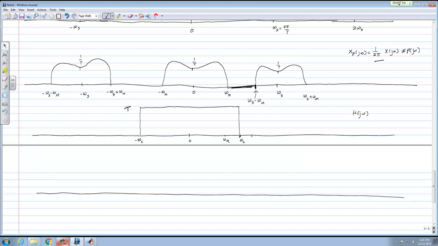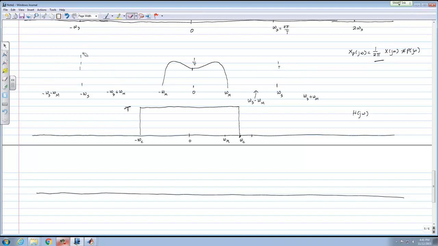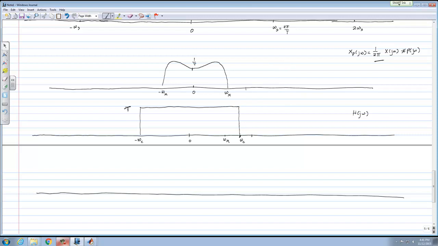If omega s is not big enough, then you might end up with a situation like this. Let's say omega s is somewhere here. And remember, omega s is 2 pi over t.